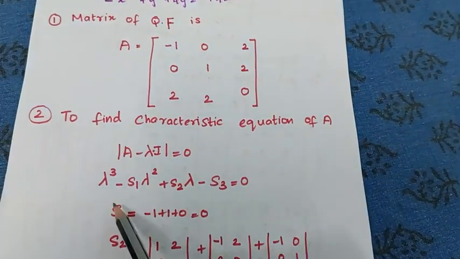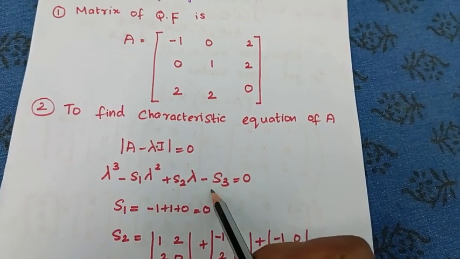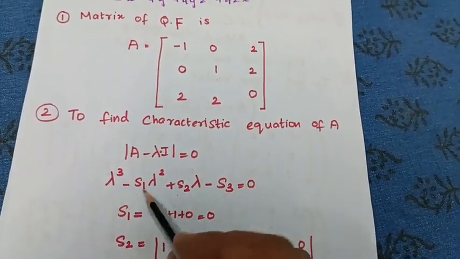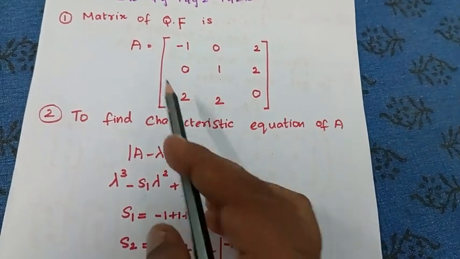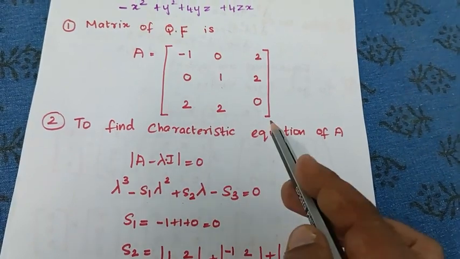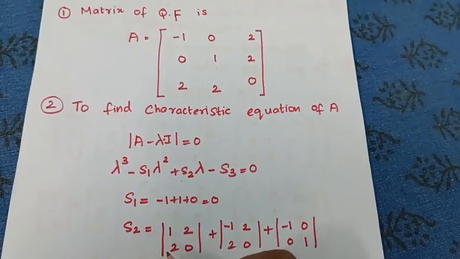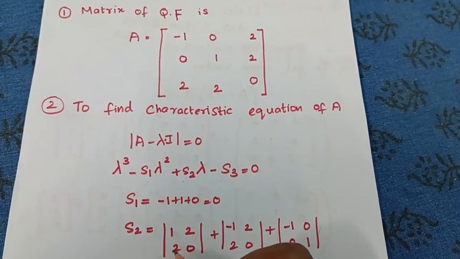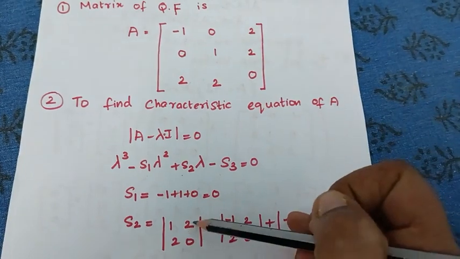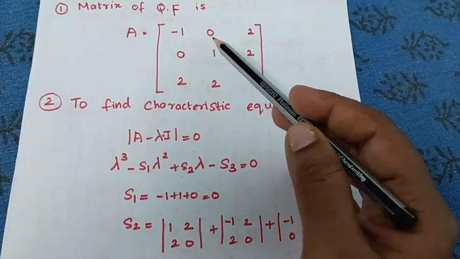So lambda cube minus S1 lambda square plus S2 lambda minus S3 equal to 0. With the shortcut, it will always be like this. S1 is the sum of the elements of the main diagonal. Next one is S2. S2 is nothing but the sum of the minors of the main diagonal elements. For minus 1 the minor is 1, 2, 2, 0.